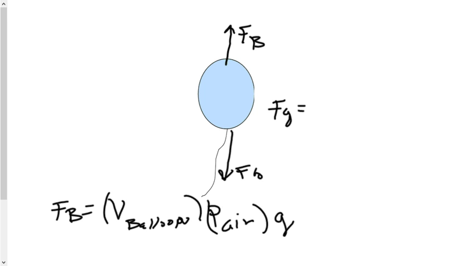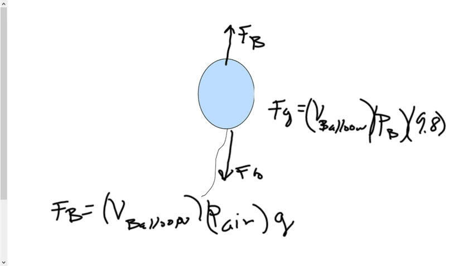So again, the volume of the balloon multiplied now by the density of the balloon. I'll just use the letter B here, and then multiplied by 9.8.